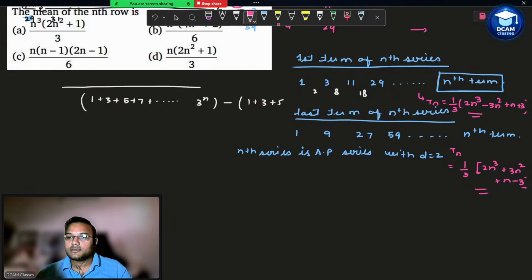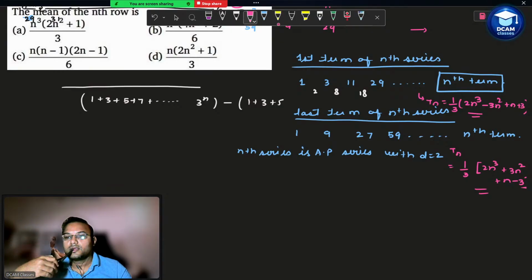But if we substitute n is equal to 1, it will be 2 minus 3 minus 1 plus 1, 3. So 2 minus 3 plus 1 plus 3, 3 by 3 is 1.